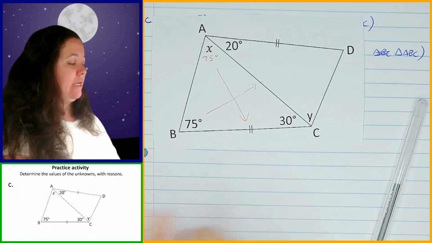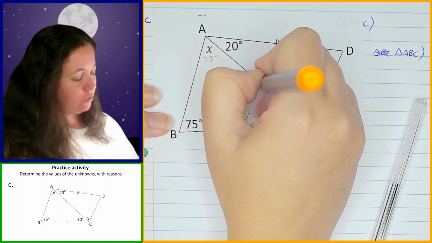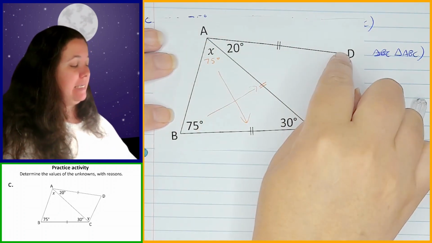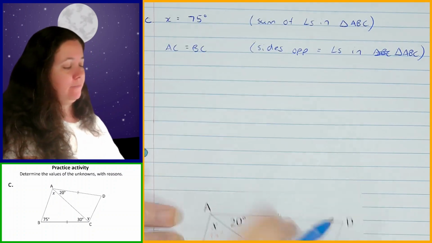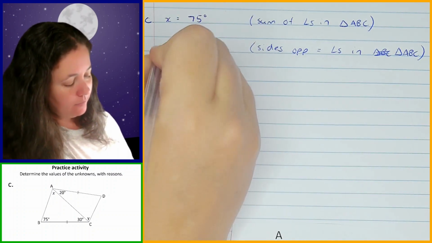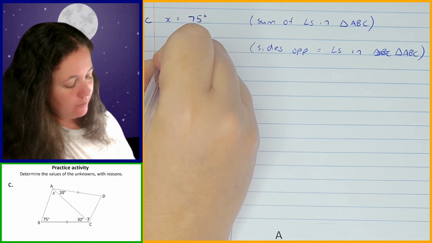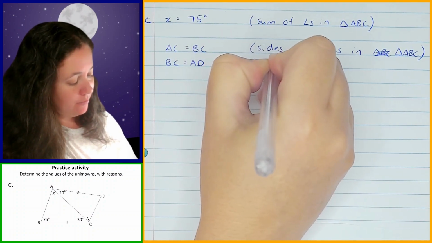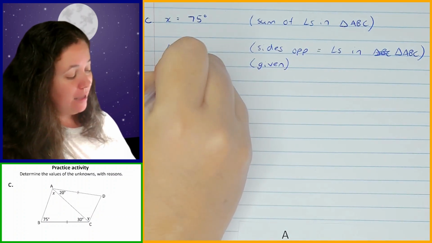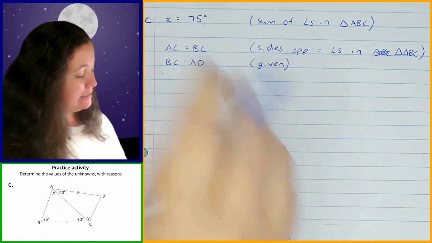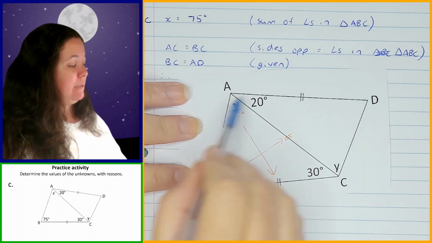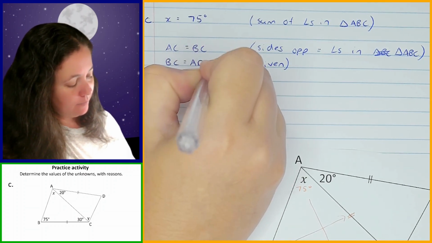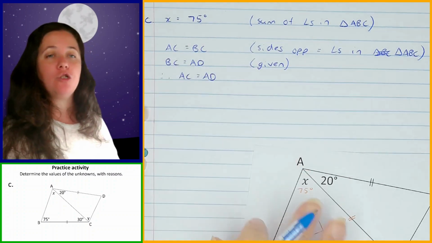Okay, so now I know that this is equal over here, but they told me that AD was equal to BC. That was given. Okay, so therefore that means that AC over here must be equal to AD as well, because they're both equal to BC.